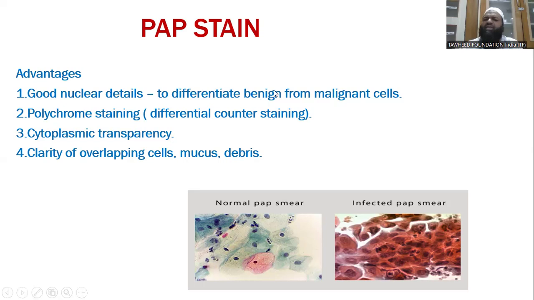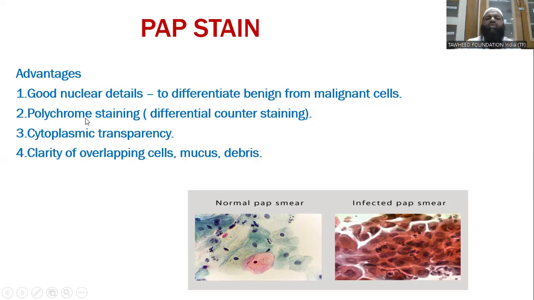Coming to the benign, no need to worry. So the main purpose of pap staining is to differentiate whether the patient is normal or abnormal. Abnormal in the sense that if the patient is suffering from malignancy, then they need treatment for the particular cancer.